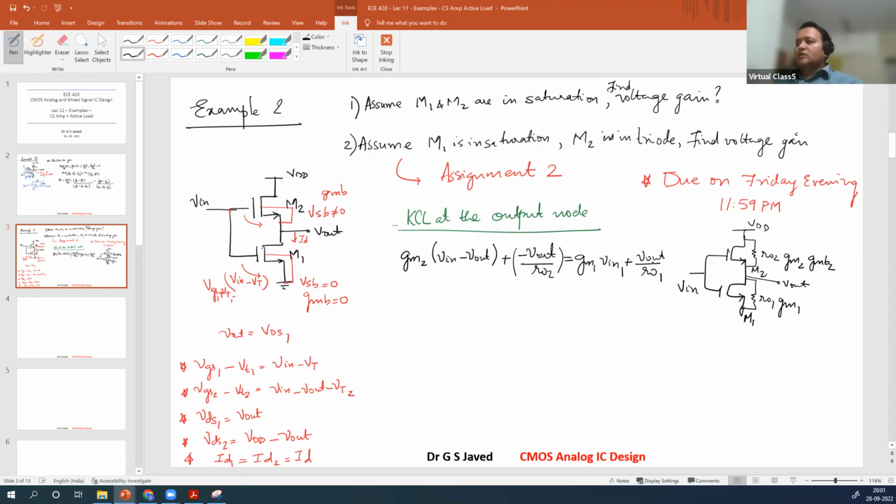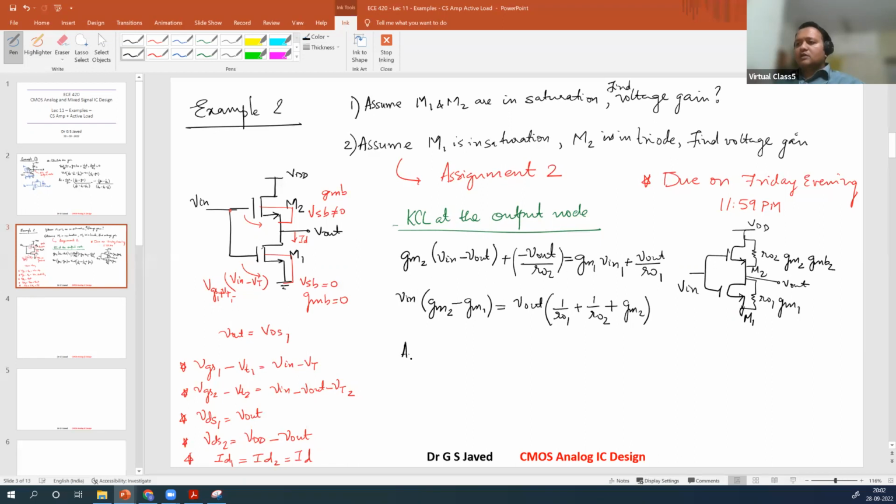Now, how do you simplify? All GMs this side, all V outs that side. So you will get V in is equal to GM2 minus GM1, then you have V out times 1 over RO1 plus 1 over RO2 plus GM2.